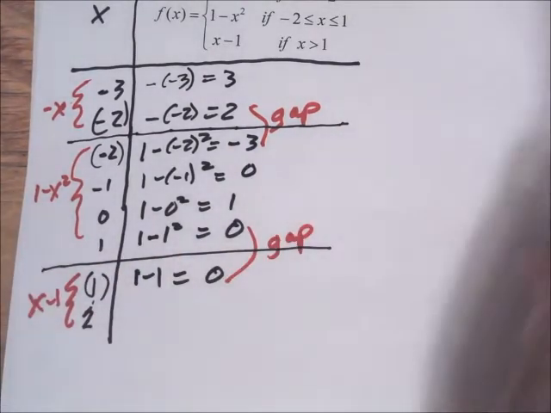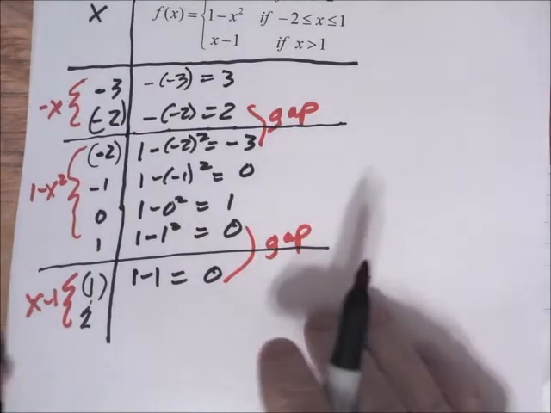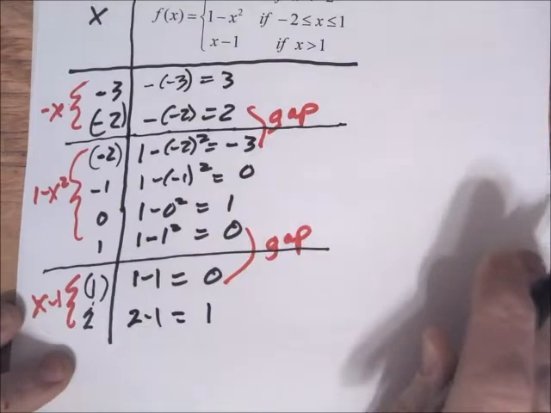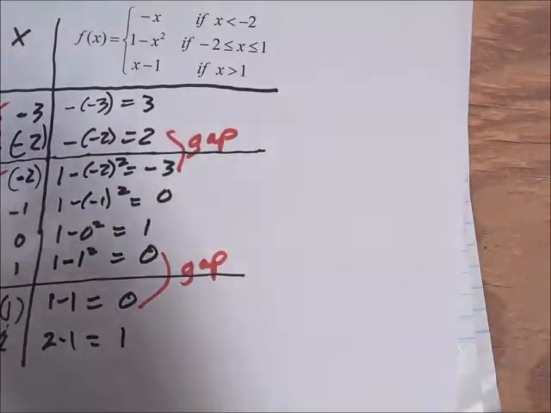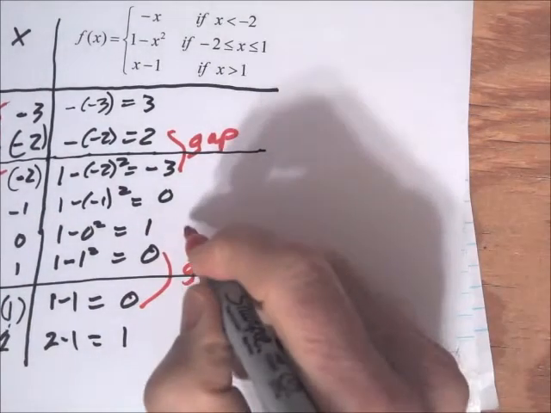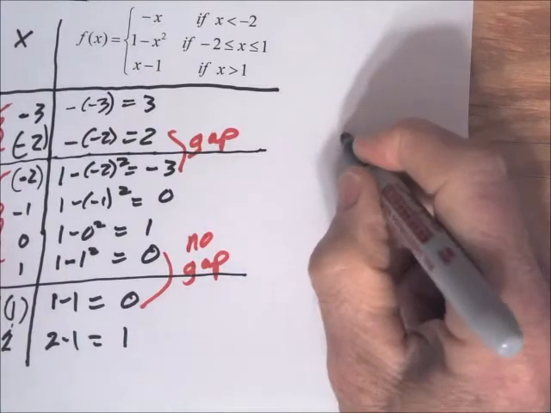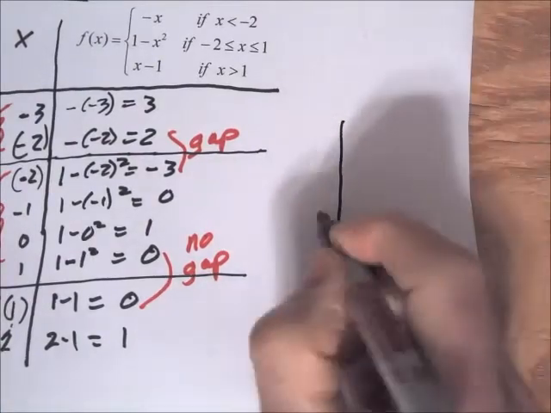And we'll talk more about continuous functions a little bit later. And this 2 minus 1 is 1. Okay, no gap here. Okay, so then we can draw a coordinate system and connect the dots.